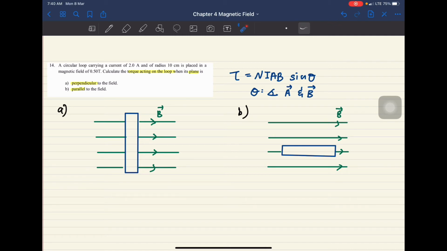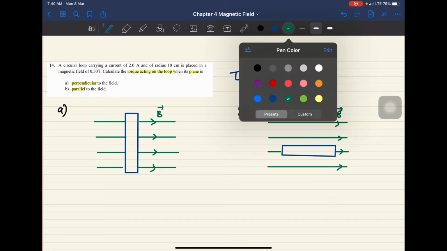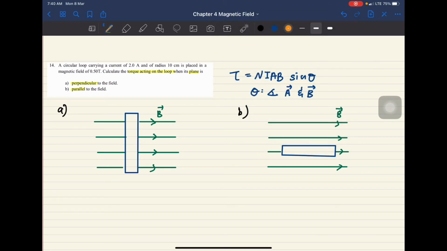But if you want to use theta here, the theta would be from the vector A. Vector A is 90 degrees from the surface. So I change to red color instead.